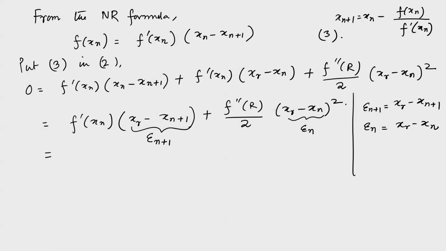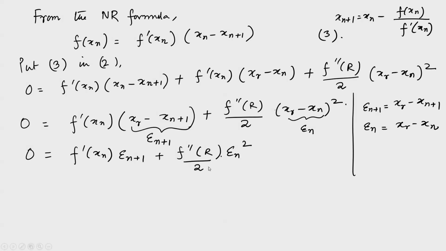So, this tells that 0 equals f prime of x n times epsilon n plus 1 plus f double prime times epsilon n square, and there is a factor of 2.